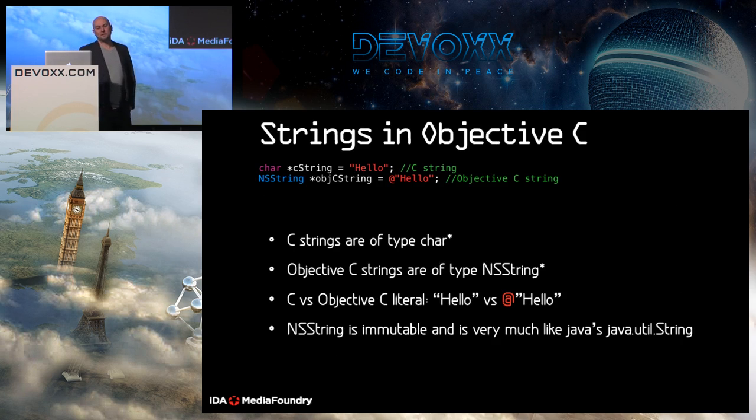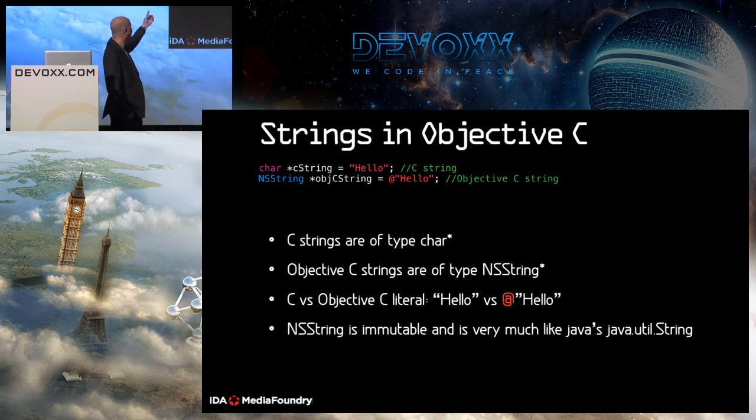Then to top off the differences between Java and Objective-C, because otherwise everything is practically the same with a different syntax. So let's look at strings. Strings are a special case. Since we extend from C, and C already has these character pointers, Objective-C needed another syntax, and that's why you see the little at sign. The at sign means that this is an NSString, a class coming from Foundation.